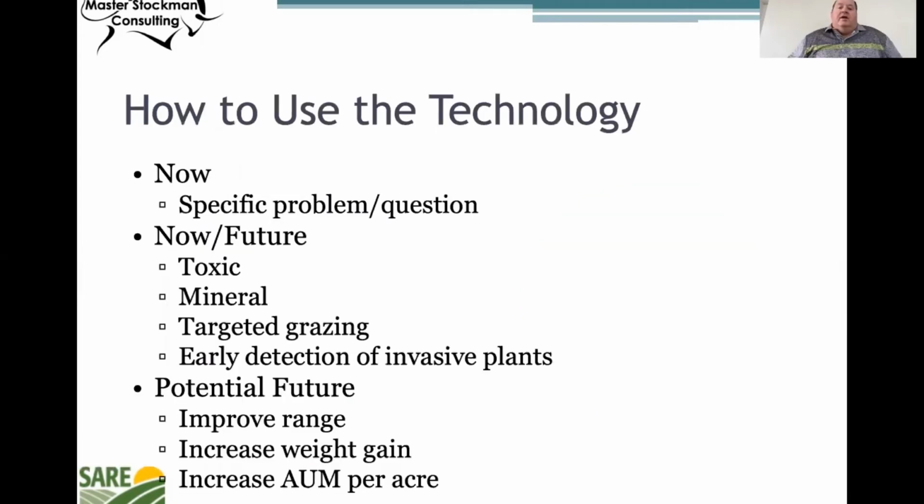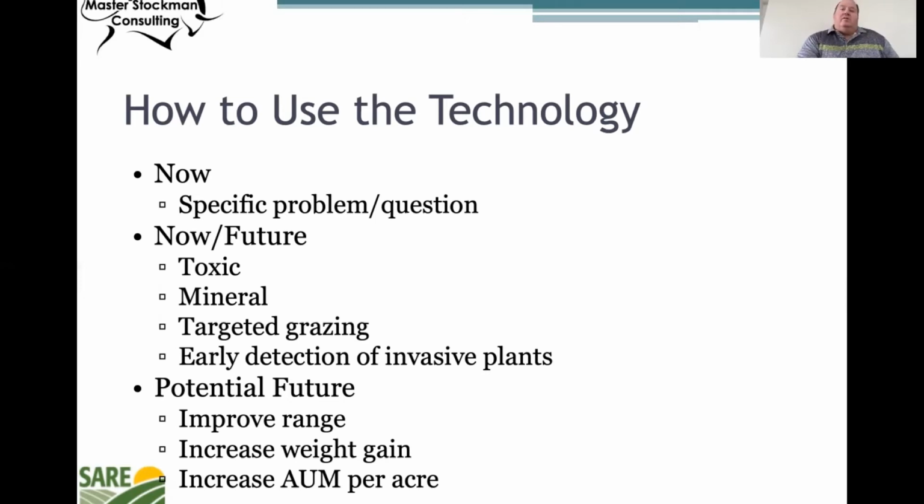As I think about ways to use this technology, to actually go out and take a fecal sample out in the field and know what the cows are eating, I think the first thing I ask myself is, what can we do with that right now? And I think where we're at on the test, where we're at with the science, what we can do right now is solve a specific problem or question that we have.